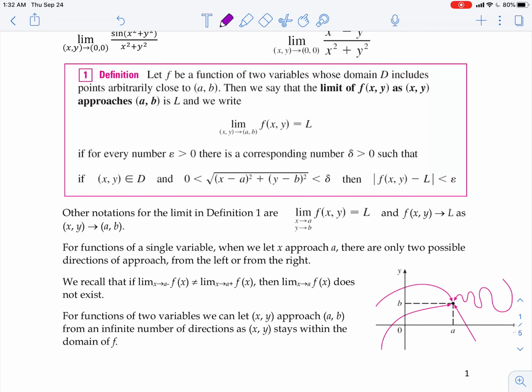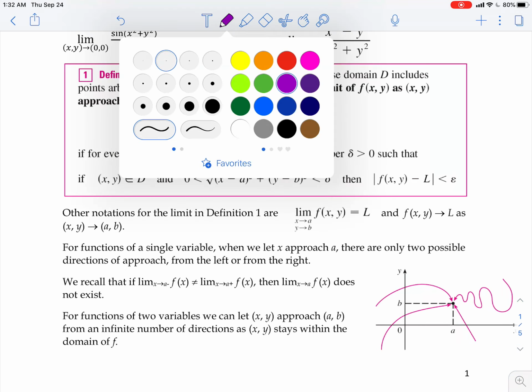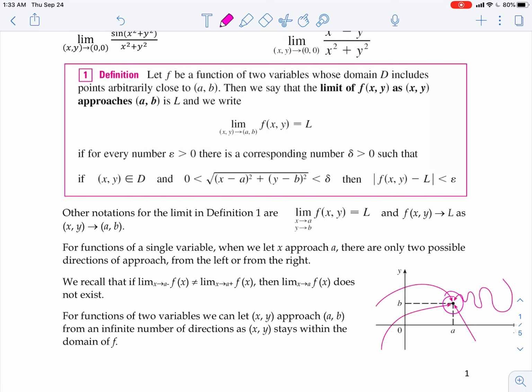The problem is when we have two independent variables, or we're working in three dimensions, there are an infinite amount of numbers that we can approach. Here we have a little example of approaching this point at the bottom right. You see that there are four ways, but I could have approached it from that angle, or from that vector, that way.